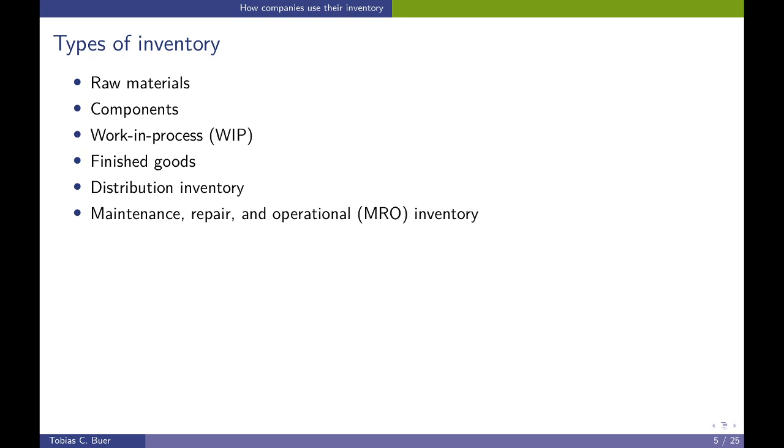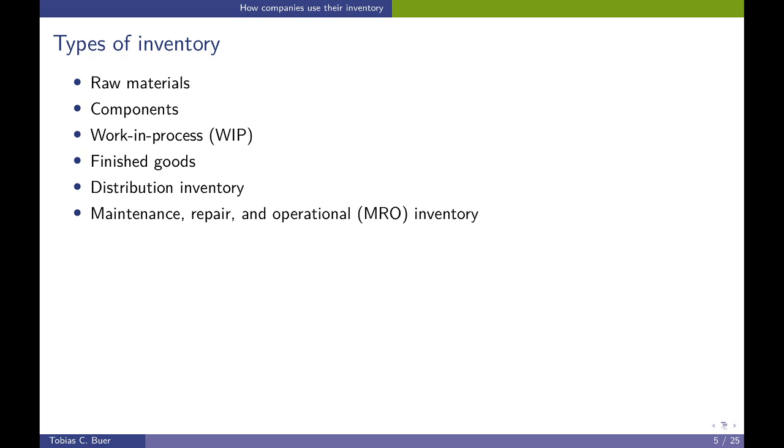So it's not really on storage anymore, but it is part of the product that is being developed. And when the development process takes a long time, then we have a high work in process.